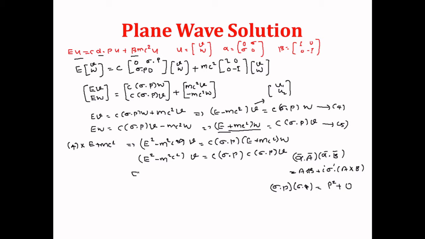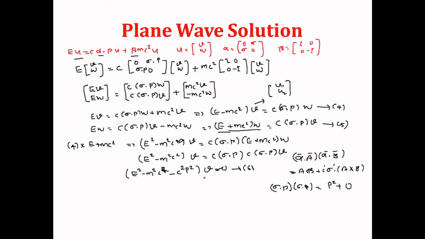So we can write E square minus m square c raised to 4, it becomes C square P square. When it comes to left, it will become minus C square P square into V equal to 0. Let it be equation number 6.